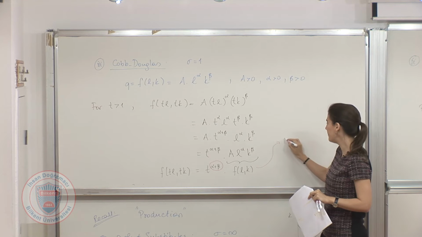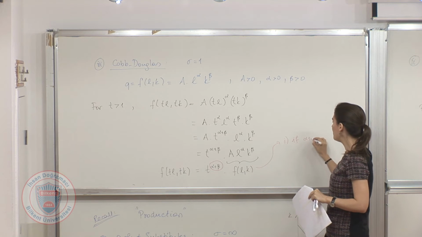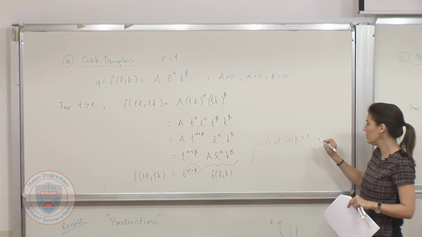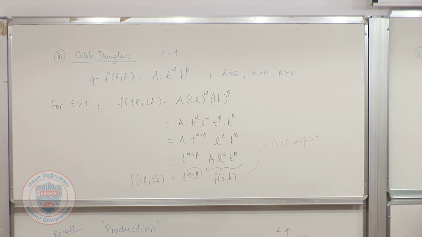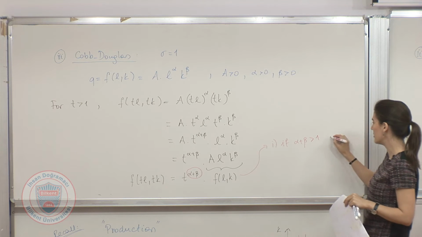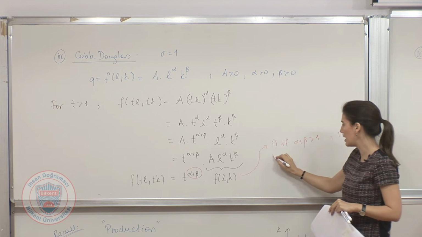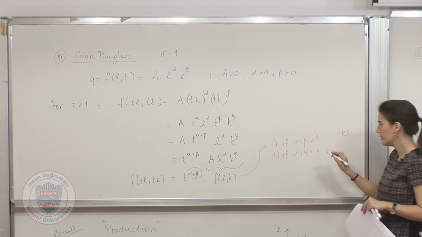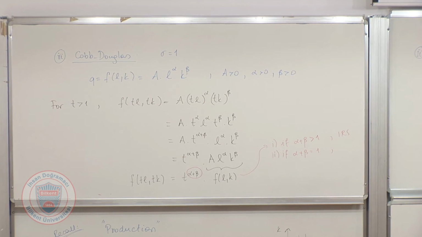If alpha plus beta is greater than 1, we have increasing returns to scale. If alpha plus beta is equal to 1, this is constant returns to scale.